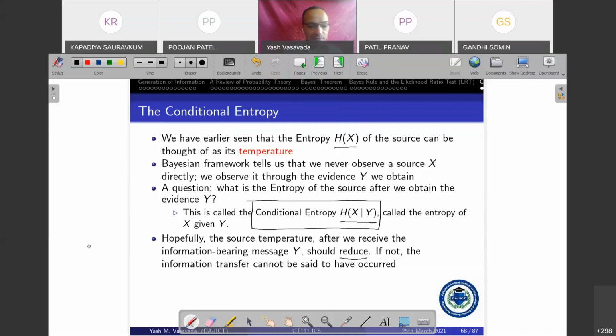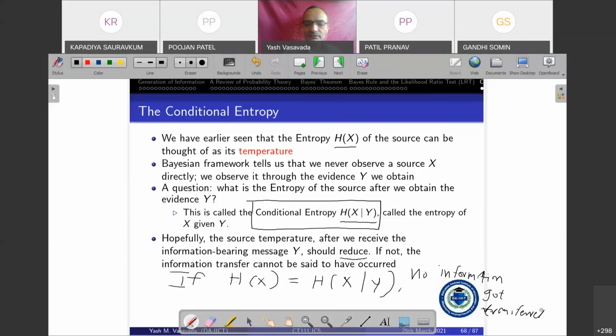So if H of X, the entropy of the source before you got the measurement, is the same as the entropy of the source after you got the measurement, the conditional entropy X given Y, then we can say that no information got transferred. Does this make sense to you?